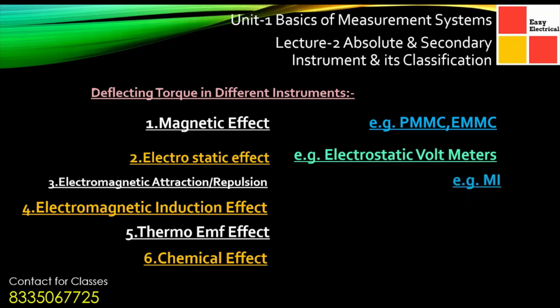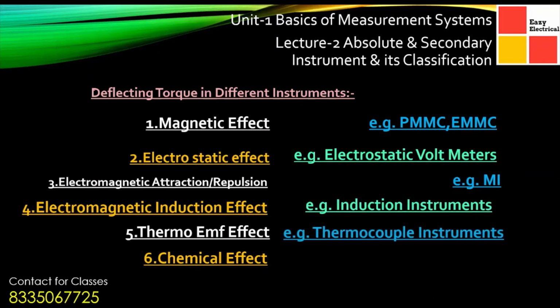Electromagnetic attraction and repulsion is seen in moving iron type instruments, and electromagnetic induction is seen in induction type instruments. The thermo effect is seen in thermocouple instruments, and the chemical effect is seen in DC ampere hour meters.